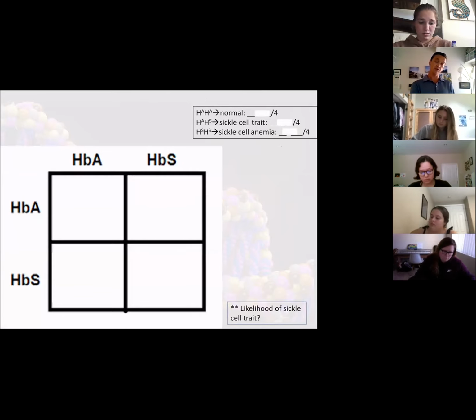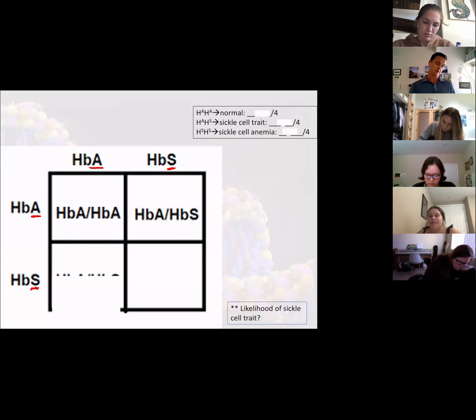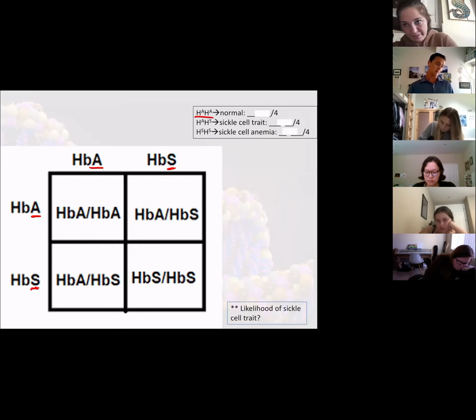So again, both of these people would have sickle cell trait because they've got one normal, one sickle cell, one normal, one sickle cell. They wouldn't have major disease here, but they would have that protection from malaria. Okay, so let's walk through what it looks like. This is what our Punnett square should look like. Okay, so then people who are HAA, so it should be completely normal, we've got one of those out of 4, right?